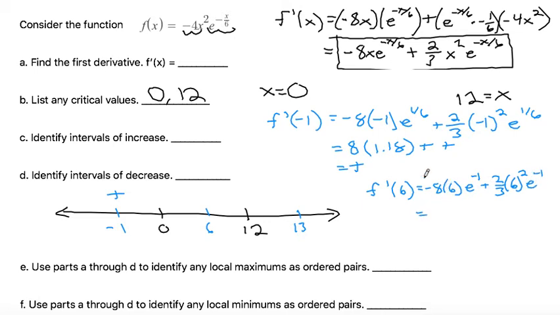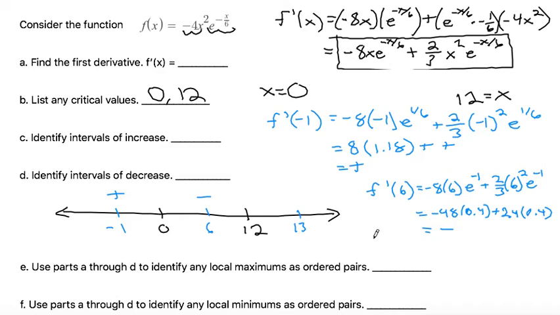So here we have 8 times 6 is 48, so this would be -48, and then e to the -1 is approximately, let's call it just 0.4. And then plus 2/3 times 36 is 24, and then again times 0.4. So this term would be bigger. It would be a negative overall. So this would be a negative here.